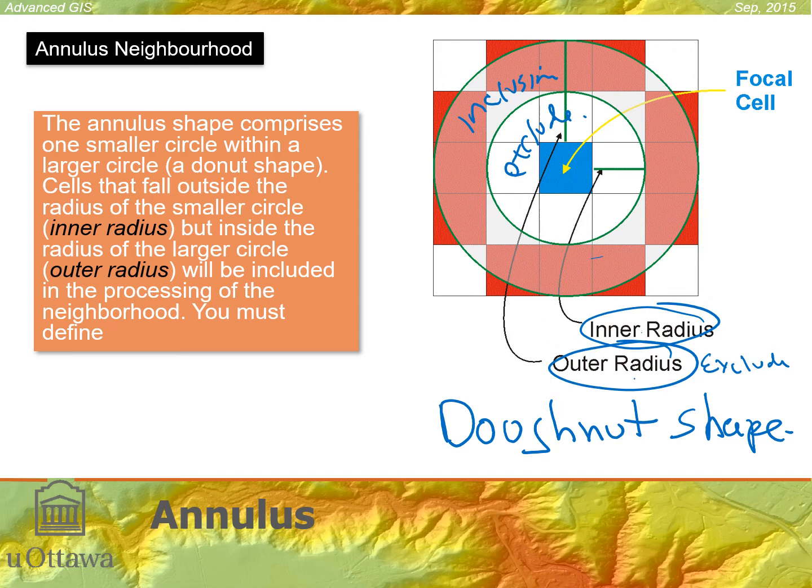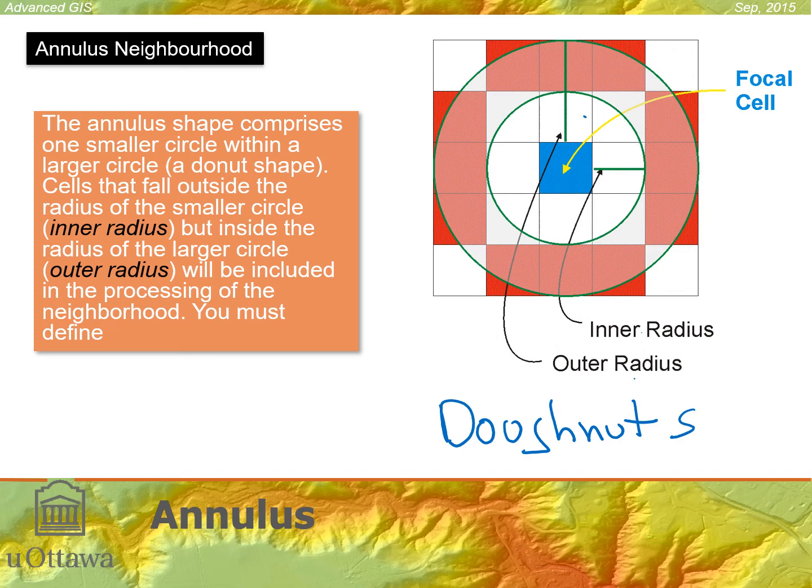And you want to know, for example, is there a certain relationship between the focal cell and cells that are this far away and between this far away and that far away, so that you have an inclusion zone here. This is, again, a very specialized one, often used in the context of examining spatial relationships between values, more so than other things.